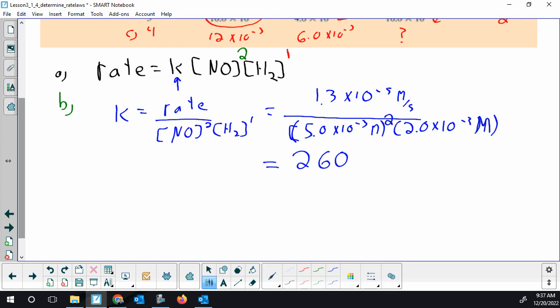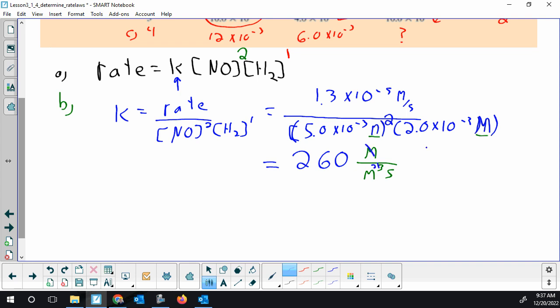So we end up with moles per liter squared there, and then moles per liter once there. So I'll summarize this and then cancel. We have 3 of them on the bottom, and on the top we have moles per liter per second. I'll put the seconds down below. So we can simplify this a little bit more. We've got 1 mole per liter on the top, 3 on the bottom, so I'll cancel the 1 out on the top, and we're down to 2 on the bottom.